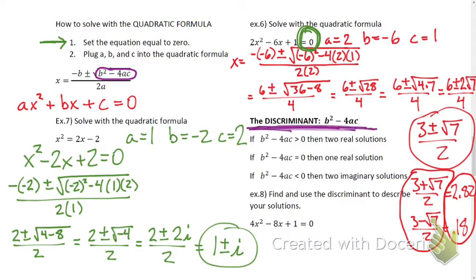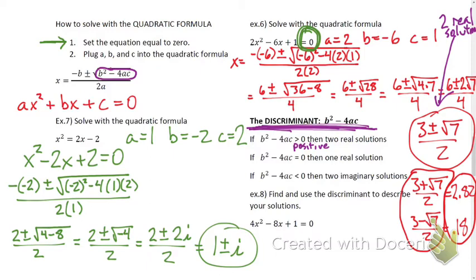If the value under the radical is positive, then I have 2 real solutions. Look, that happened on number 6. These are 2 real solutions. Sometimes that's all they ask, is what type of solutions will you get.